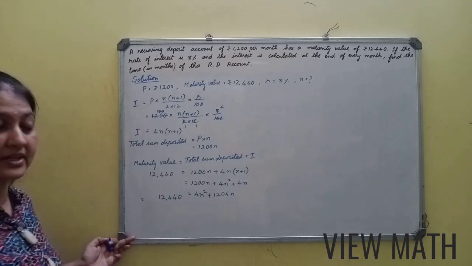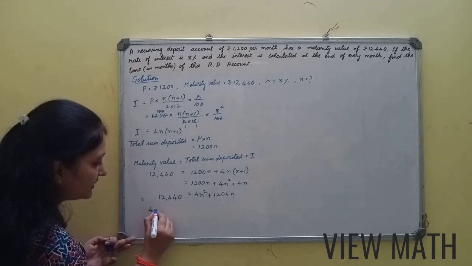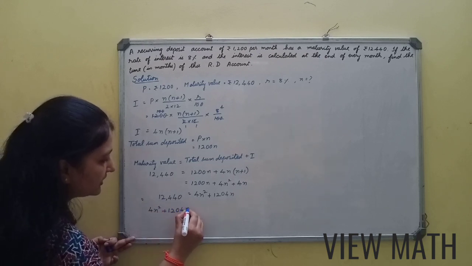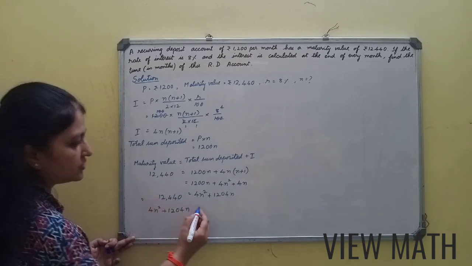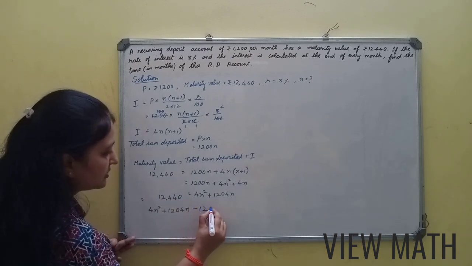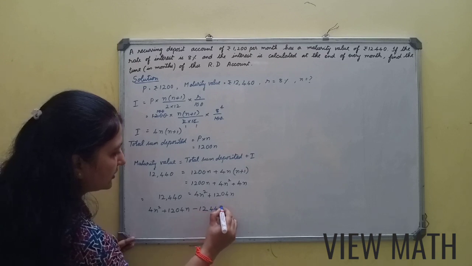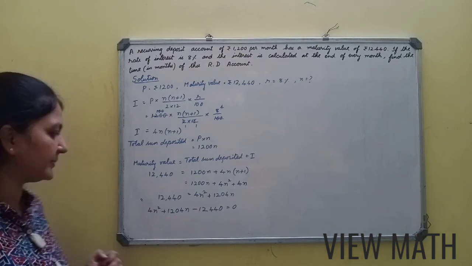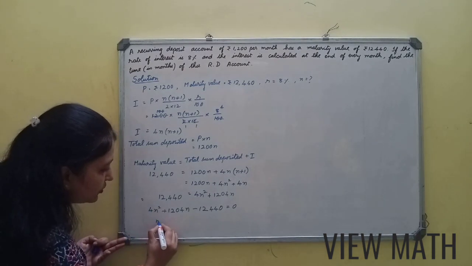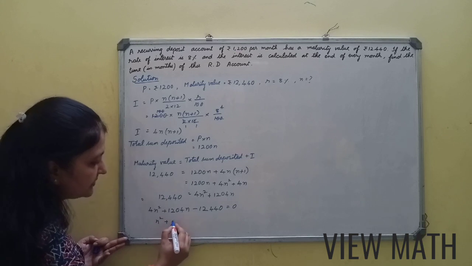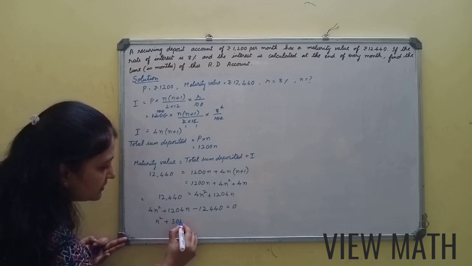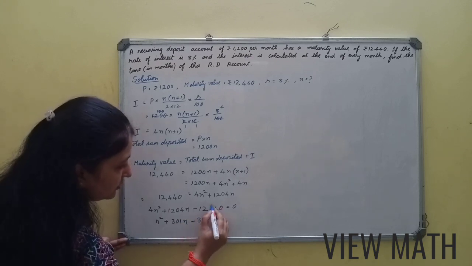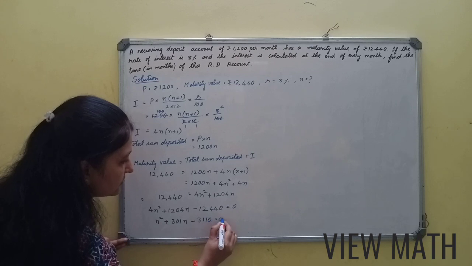Let me bring everything to one side. I'll be getting 4N square plus 1204 N. Let me take this to the other side. So you'll be getting negative 12,440, which is equal to 0. Now I can see 4 is common. Let me cancel 4 one times. If I cancel this, I'll be getting 4 3 times 301 N minus 3110 is equal to 0.